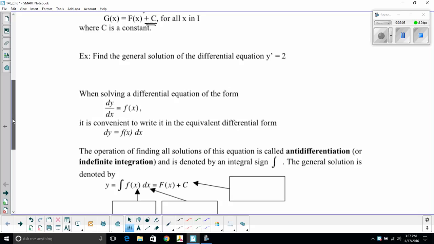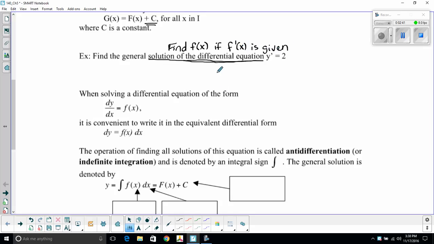Find the general solution of the differential equation y prime equals 2. Finding a solution of a differential equation just means give the original, so let's say find y if f prime of x is given.